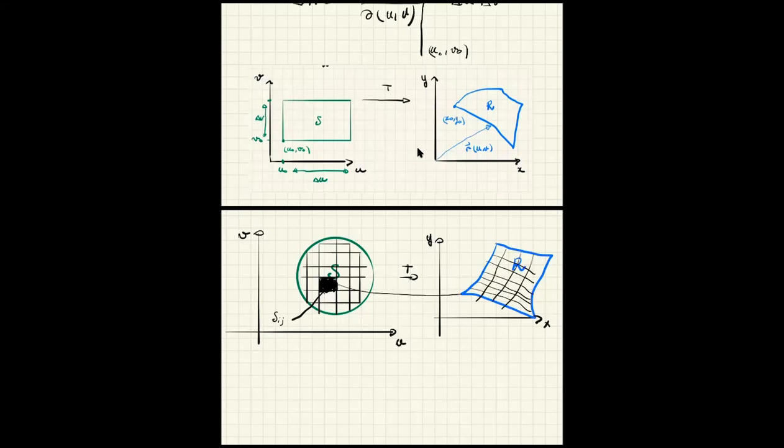This one will be sent to some other rectangle, call it R_ij. And now because these are small, we can use our formula.